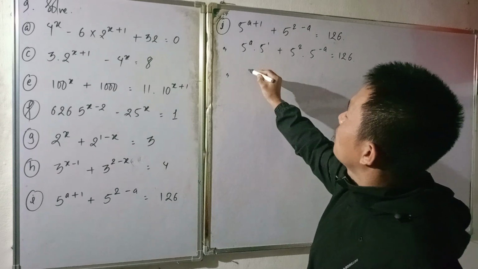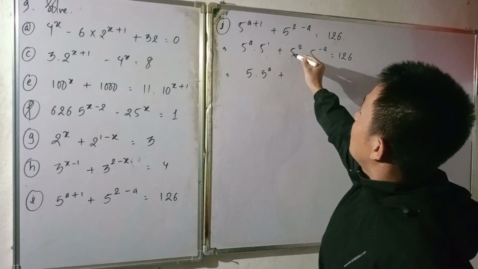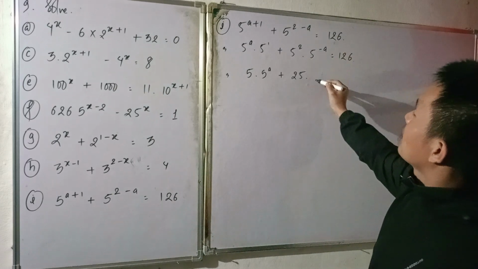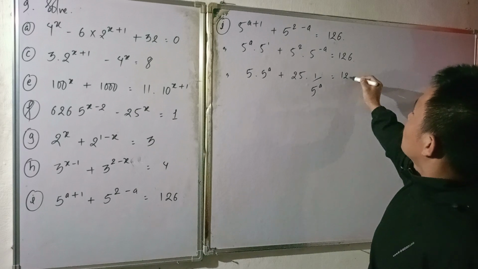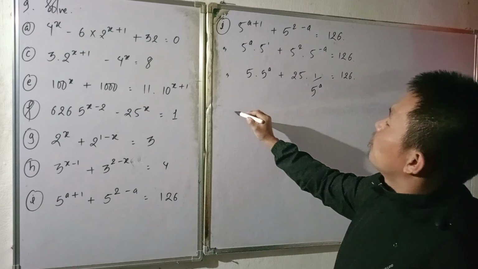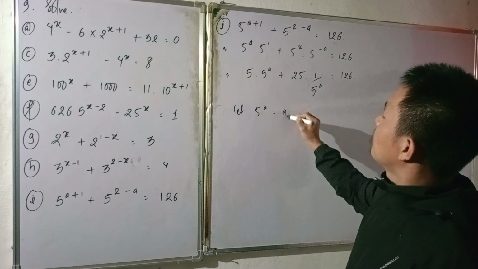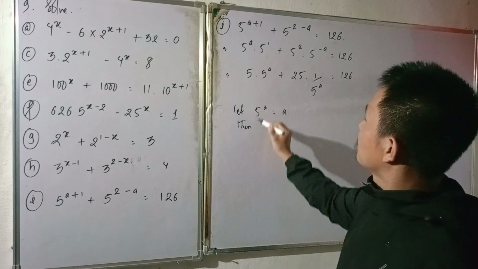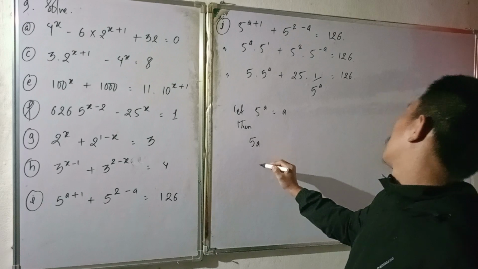Now you can write here 5 times 5 power a, and 5 power square can be written as 25, and 5 power minus a can be written as 1 by 5 power a, 126 here. Now let 5 power a be represented by the variable, then just replace the 5 power a by a.